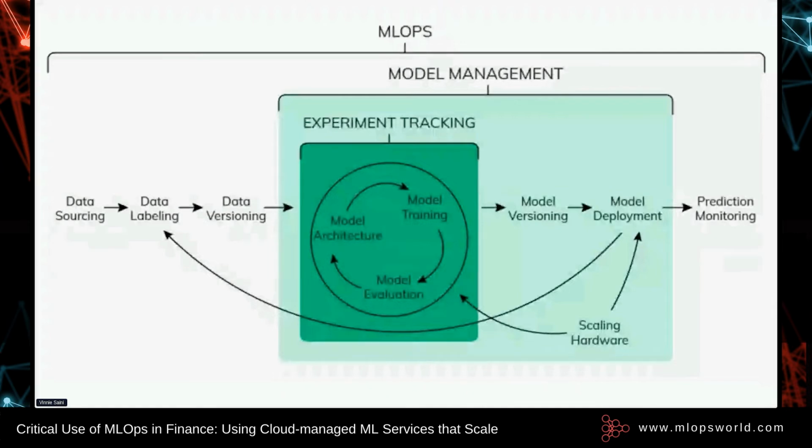That, in very simplistic terms, is what the MLOps life cycle looks like. I hope that gives you a good, clear idea about the phases involved in MLOps and how each one of them contributes towards the end-to-end life cycle and the automation of it.